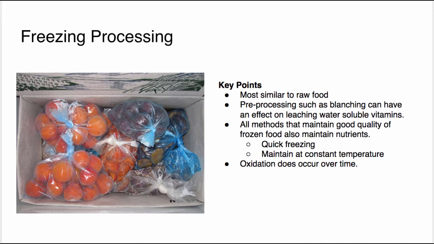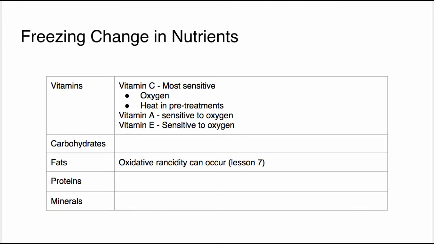Oxidation can occur in freezing over a longer period of time. So that's a bit why some of the best before dates are kept at a year or less with freezing products. So we only have a few changes in nutrients that we want to highlight. So vitamin C, if foods are exposed to oxygen while they are in storage, can be oxidized and disappear.